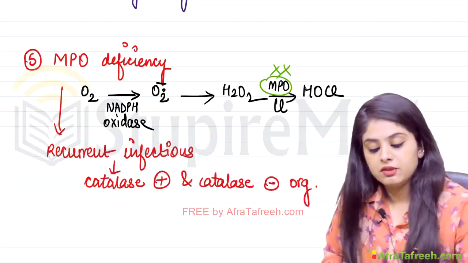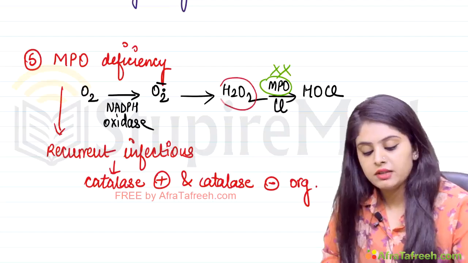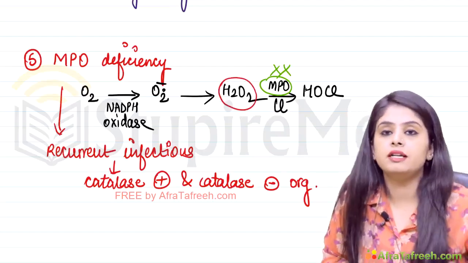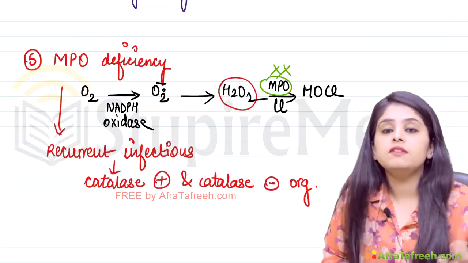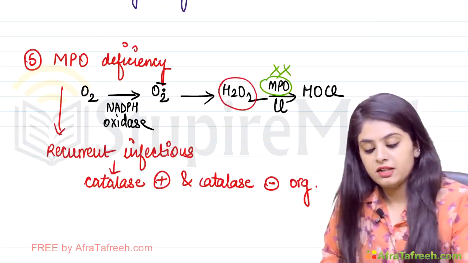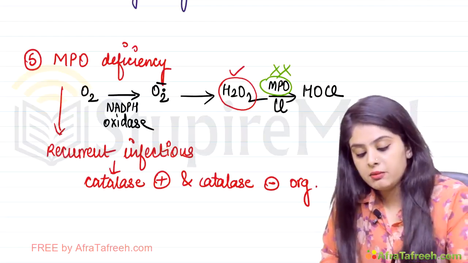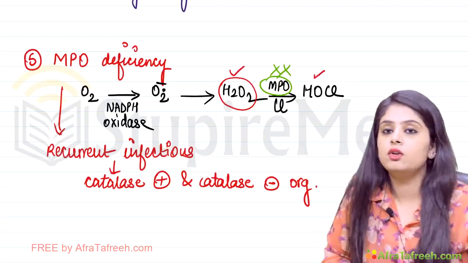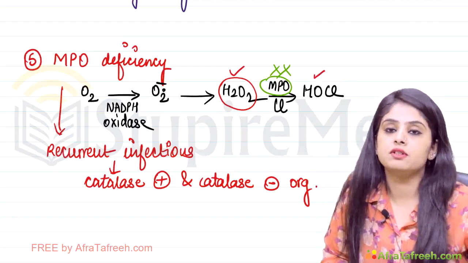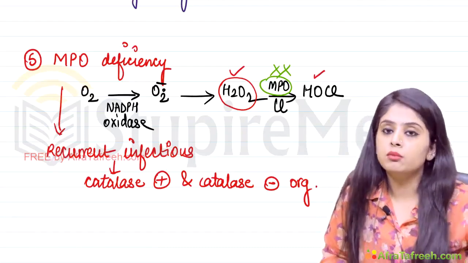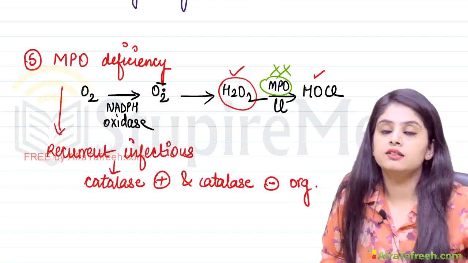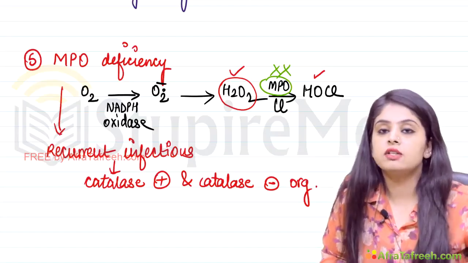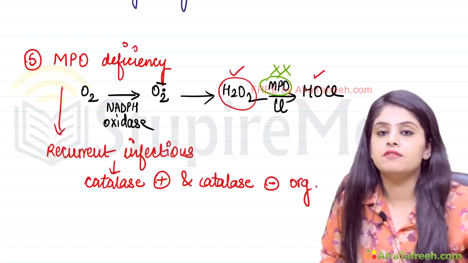Why? Because if there is a catalase positive organism, the organism will break down H2O2 by catalase. Killing will not happen. Even if the organism is catalase negative and H2O2 is formed, will it be able to further form HOCl? No, because MPO is deficient. So either way, both catalase positive and catalase negative organisms can result in disease or infection in a patient with MPO deficiency.